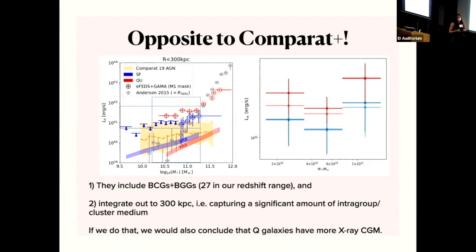So you are capturing something, but my choice is that that is not what I would want to know as the CGM. I'm interested in what is happening within the galaxy halo. So when you see these two papers side by side and wonder why they have opposite results, this is why. They have included group and cluster members, and they've integrated out so far that you're really capturing the large scale environment rather than the CGM.